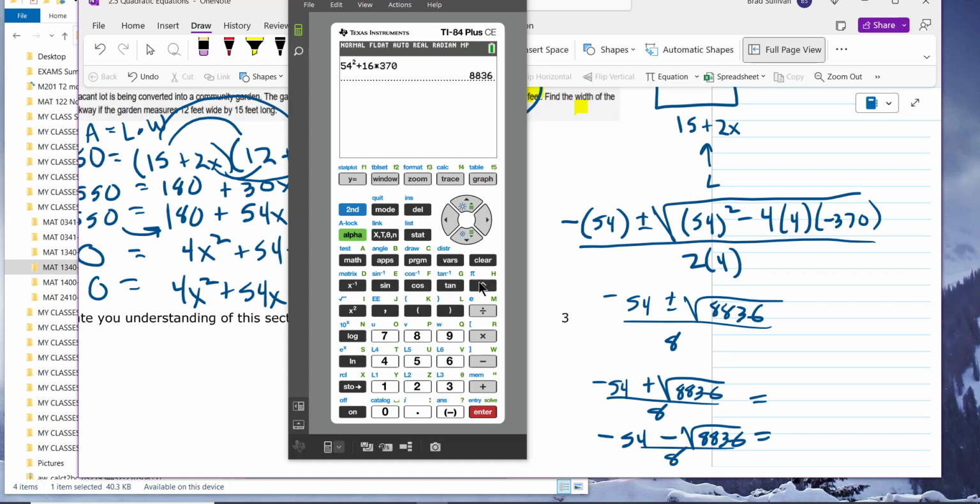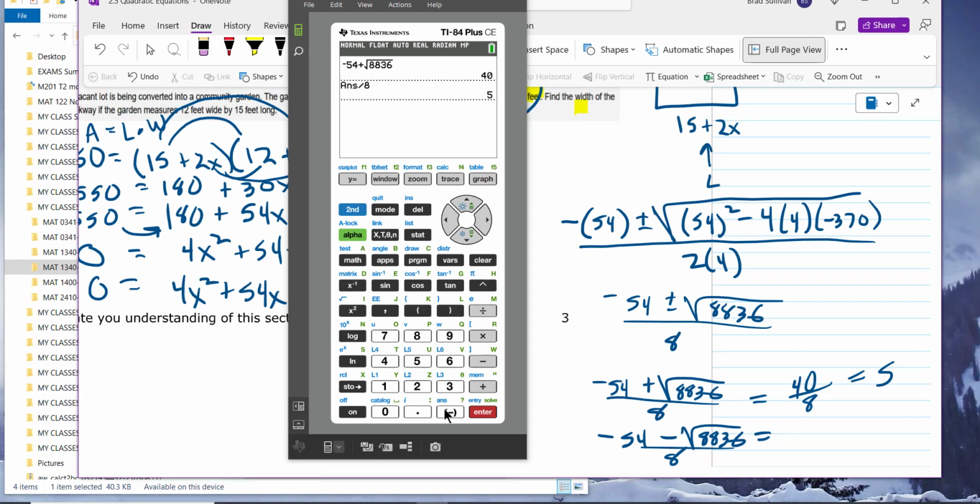Okay, so again, I'm just going to do like this. Negative 54 plus square root of 8,836, get the answer, divide by 8, so that'll give 5. So who would have thought? What that meant is this would have factored anyway. I got a whole number, this problem would have factored, okay?